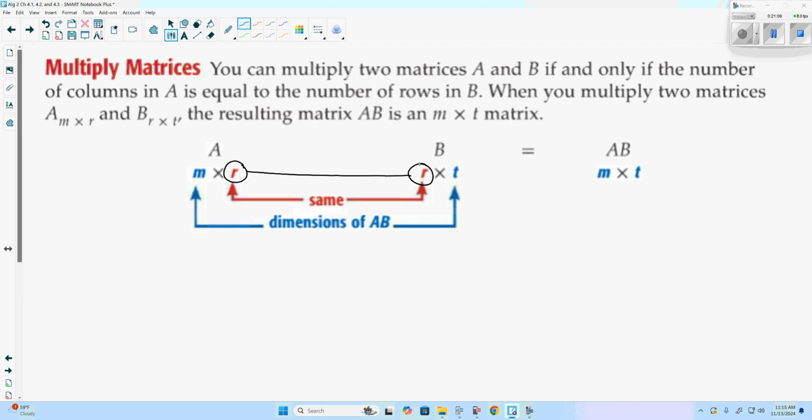If they don't, then we cannot multiply them together. Interestingly enough, the dimensions of the matrix C, when we multiply them together and they are able to be multiplied, are given to us by the rows of the first, columns of the second.